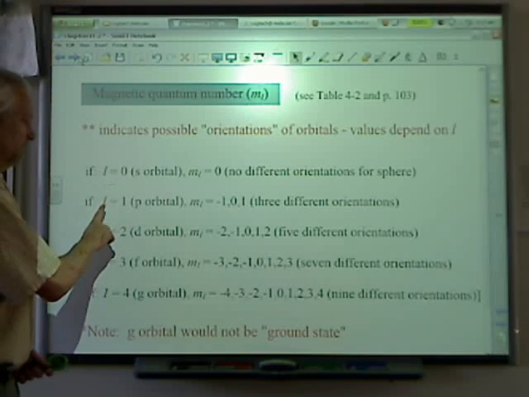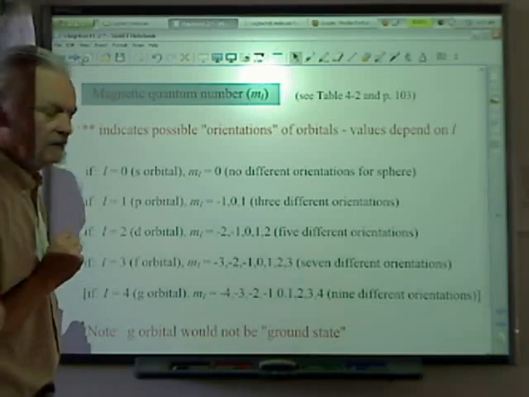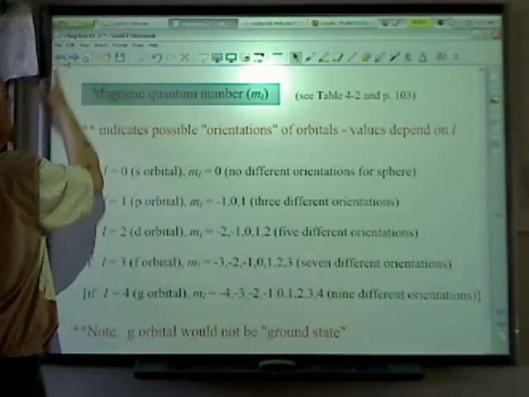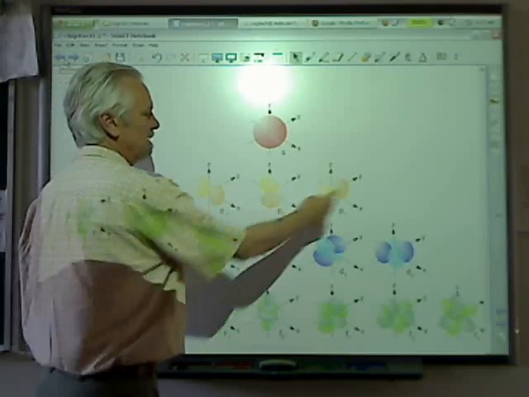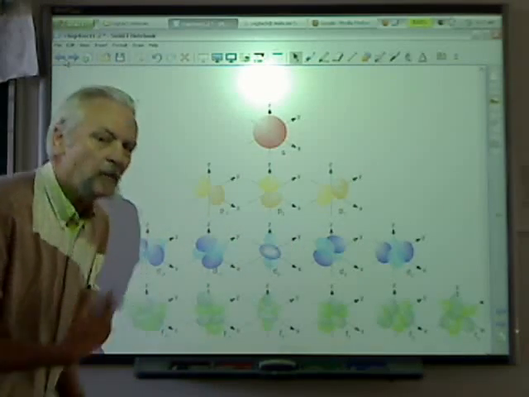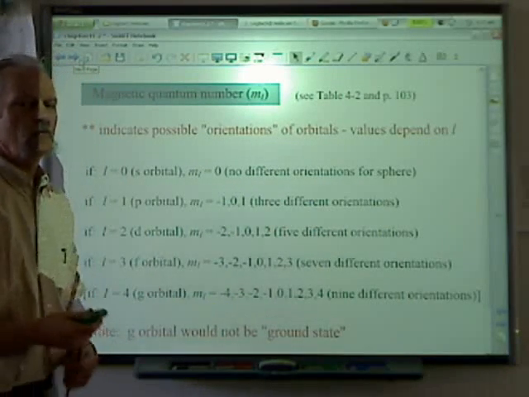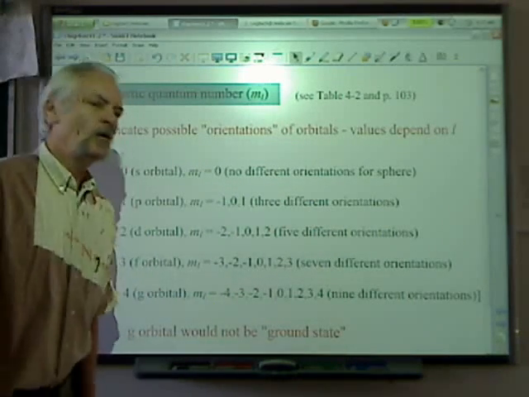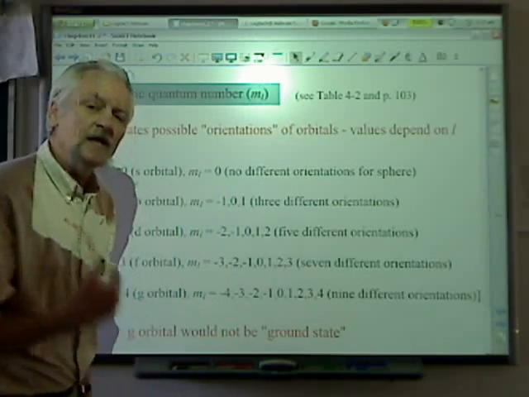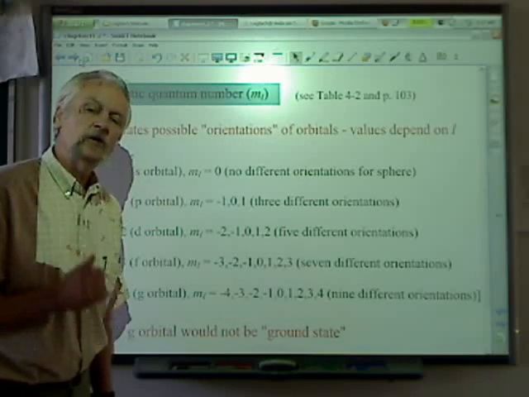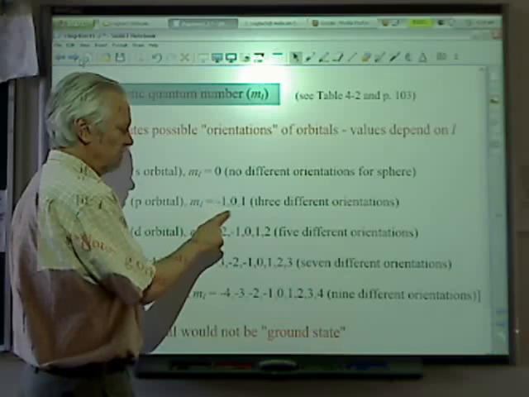If, on the other hand, your angular momentum quantum number is 1, defining a p orbital, there are actually 3 different orientations, x, y, and z, that are possible. And so there are 3 different magnetic quantum numbers that can be associated with this. We, by tradition, number them from negative to positive through 0, so that the 3 possible values are -1, 0, and 1.